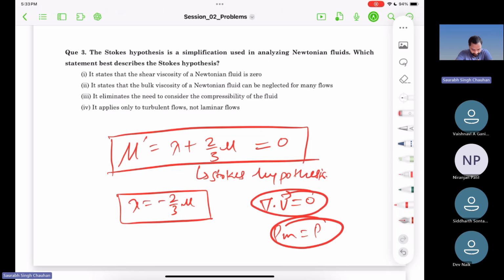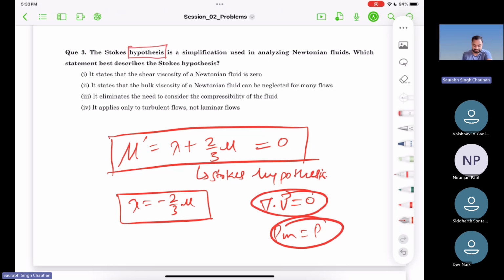If there is any doubt or if you want any discussion on this, then please ask. Okay, I think there is no doubt and it is clear. And one thing you should note here is that it is a Stokes hypothesis.